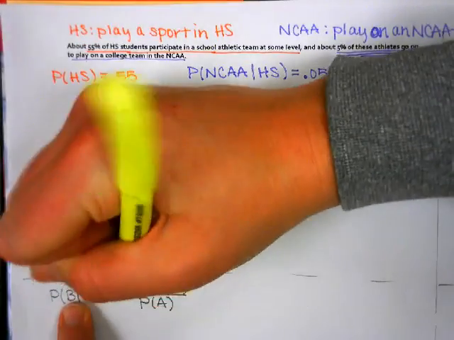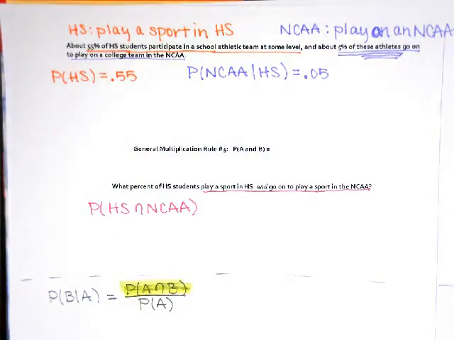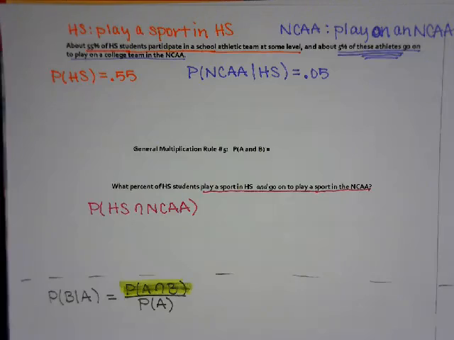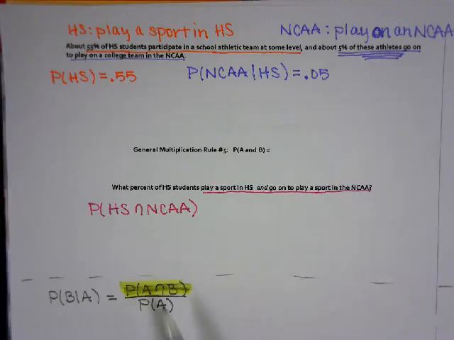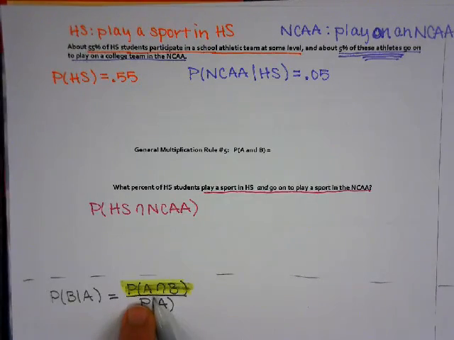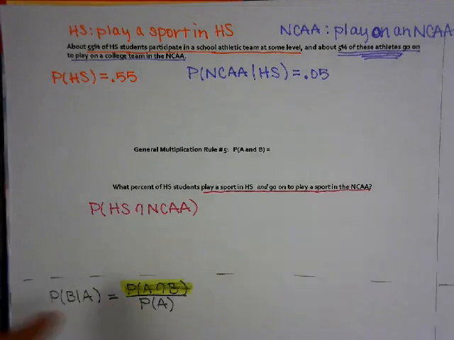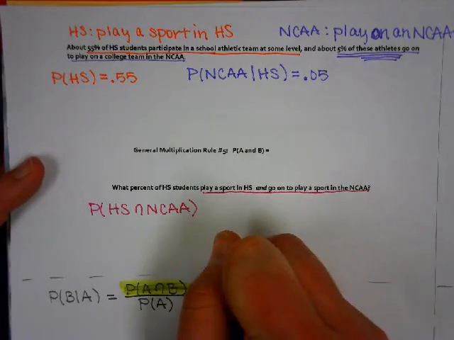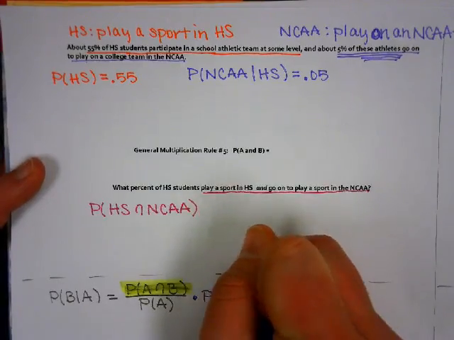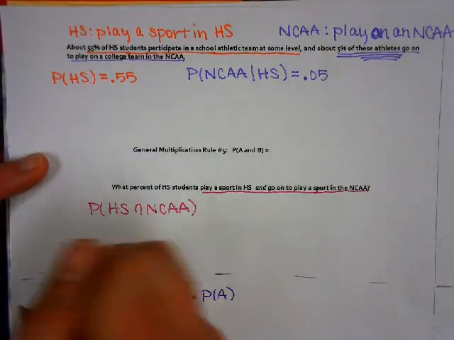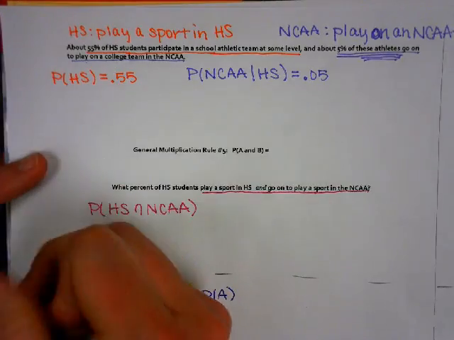So we can use some algebra skills to rearrange that formula so that it's solved in terms of the probability of A and B. And that would be done by just multiplying both sides by the probability of A, so that our fraction is gone.